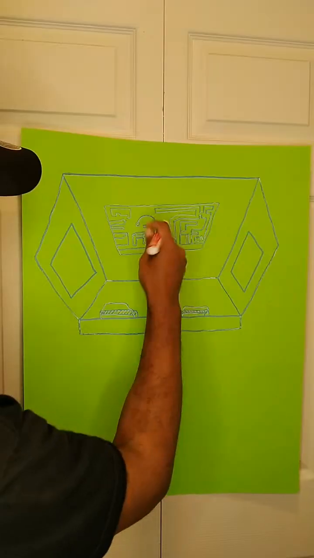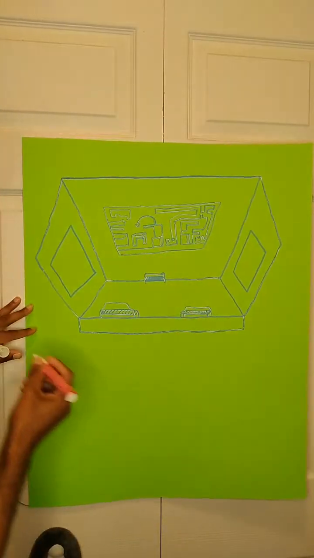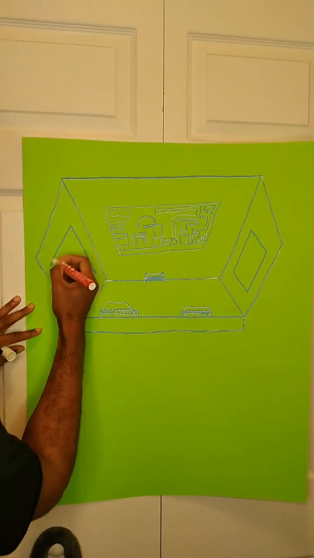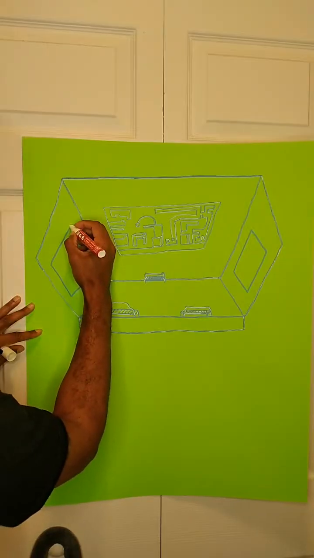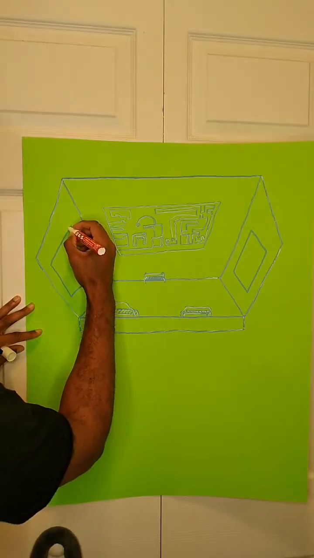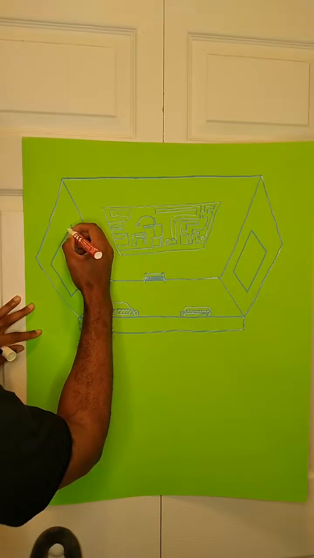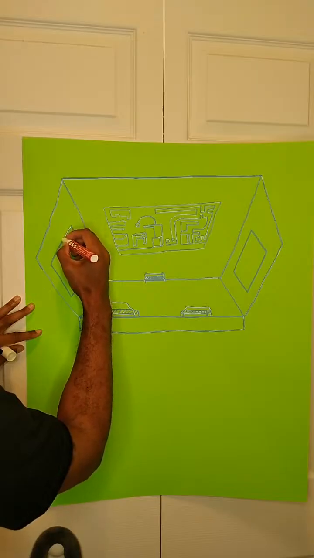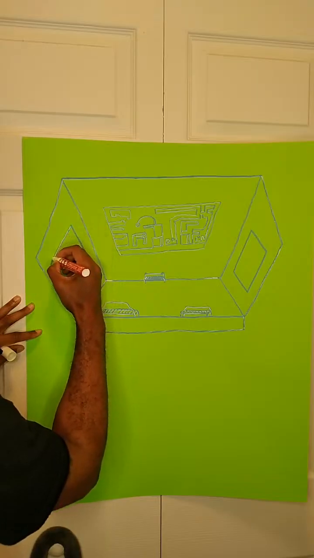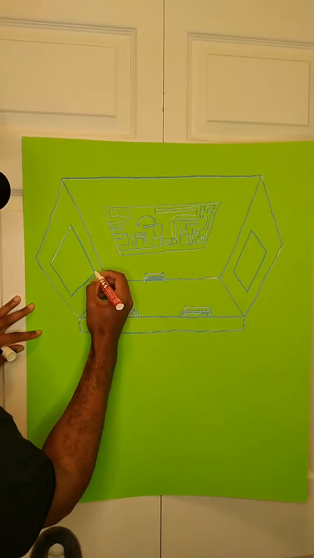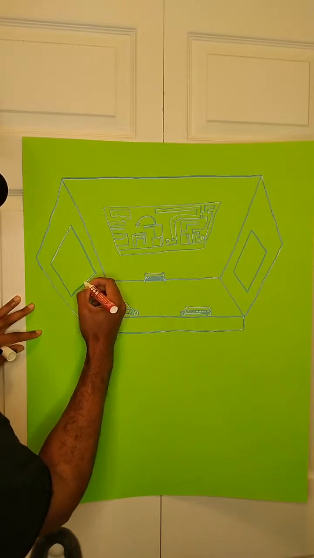So you're not going to get all of it in one spot. It'll just be a capture of light maybe in the corner or on a little bit of the edge. So this marker is just bleeding a little bit more.